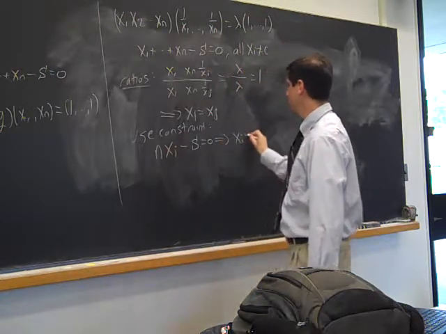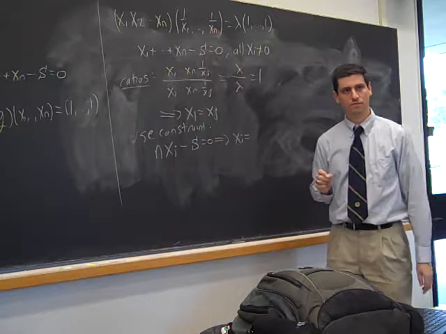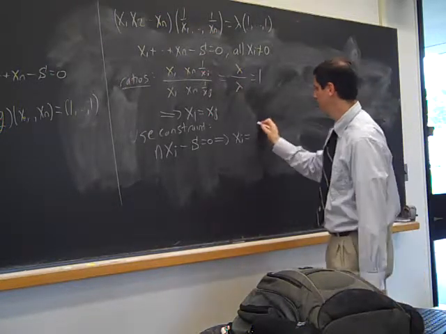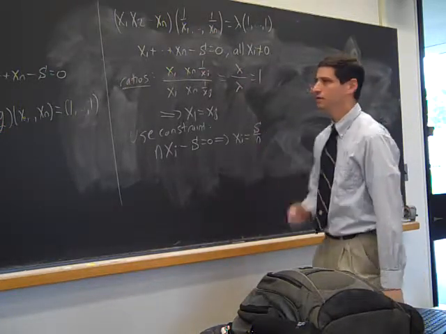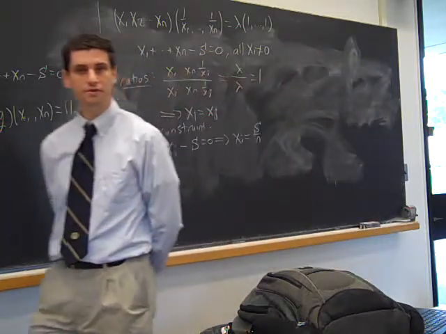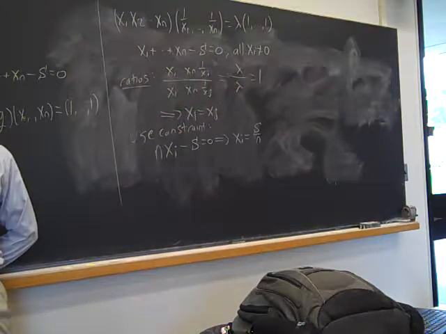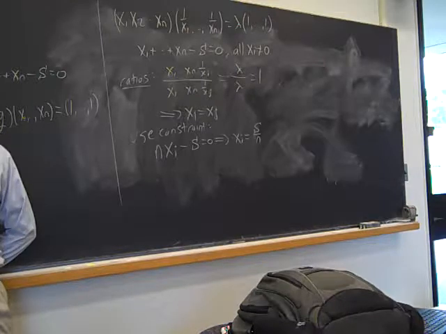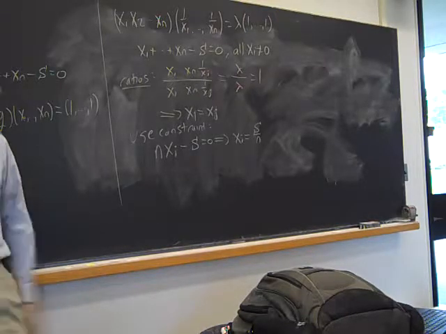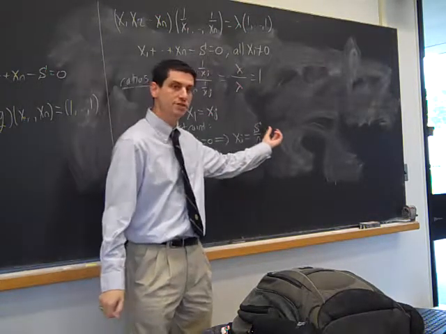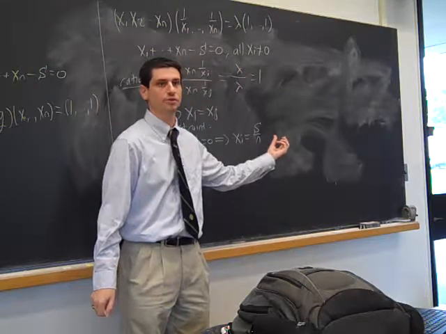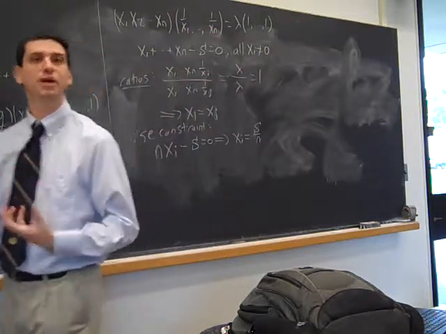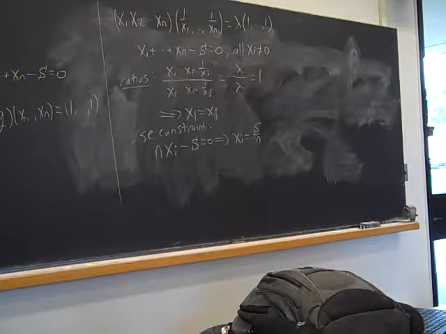So what does each one of them equal? S over n. So that finishes step 1. When we know that there are n pieces, the best we can do is to make each piece 1 over n of the total. This is what you would expect. Divide everything equally. That's going to maximize the product.